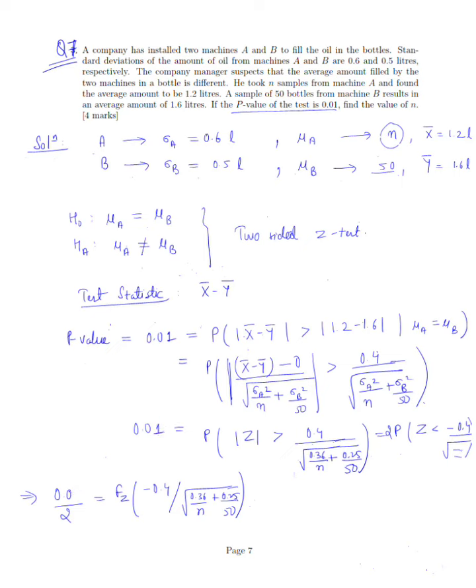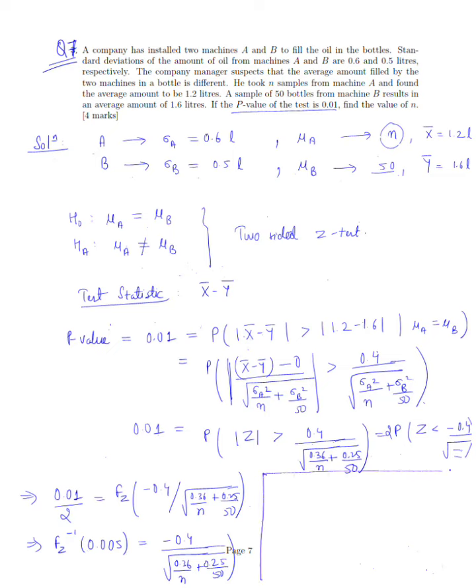Sorry for the mistake. So it becomes phi inverse of 0.005, and this is equal to minus 0.4 divided by square root of 0.36 divided by n plus 0.25 divided by 50. Phi inverse of 0.005 is given by minus 2.58.